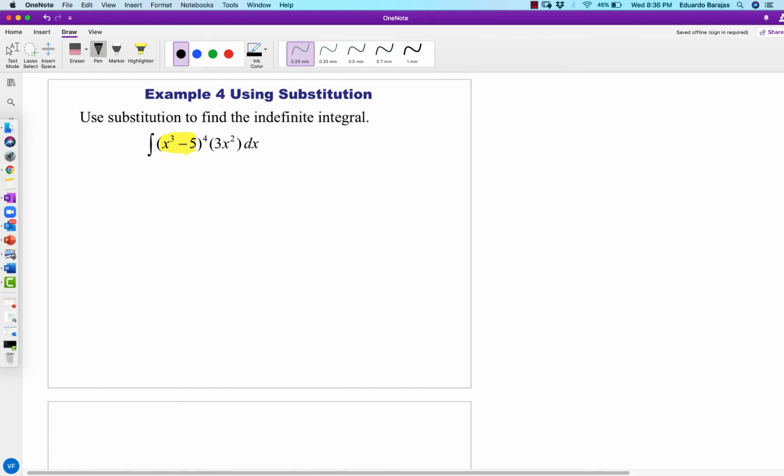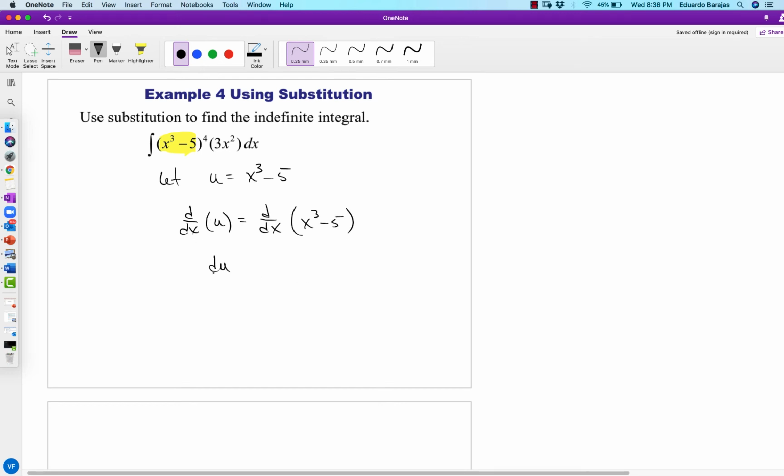So inspired by that recognition, I'm going to let u equal x cubed minus 5. Good. Now the derivative with respect to x, d/dx of the u on one side, d/dx of x cubed minus 5 on the other side.